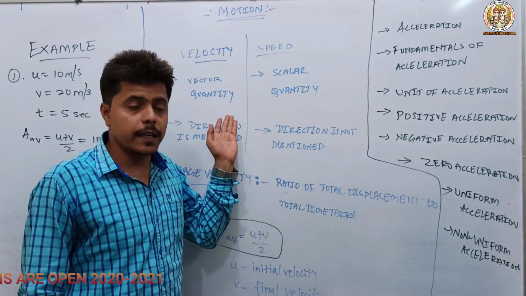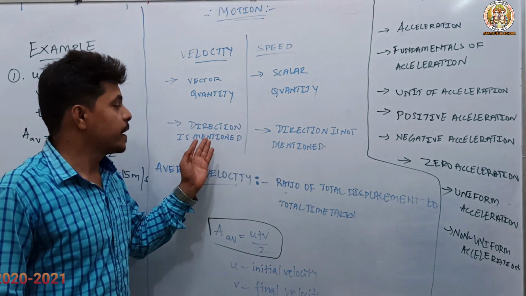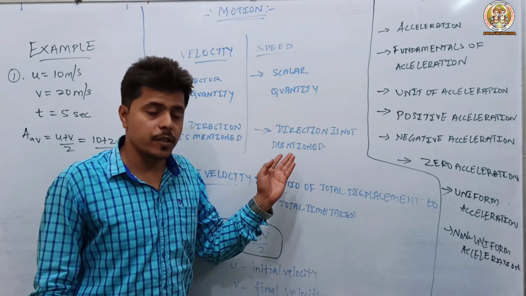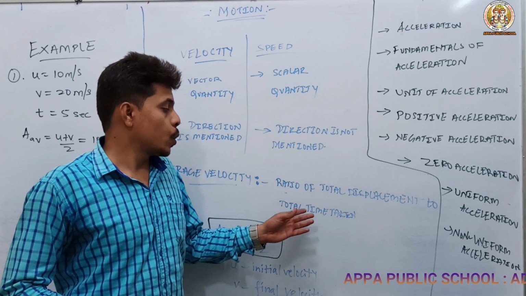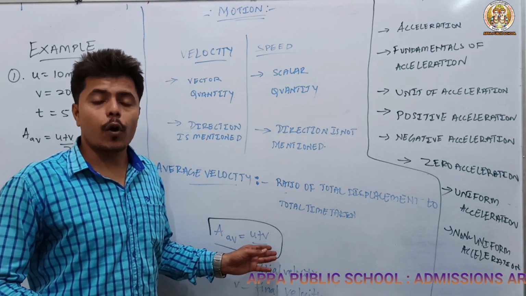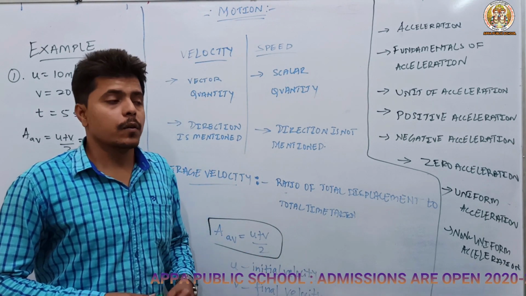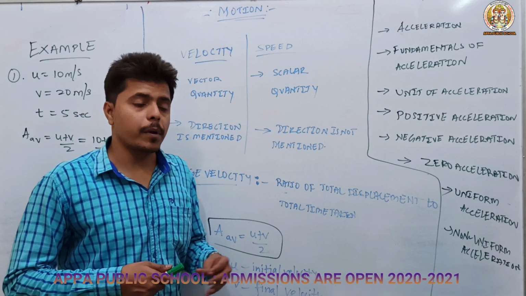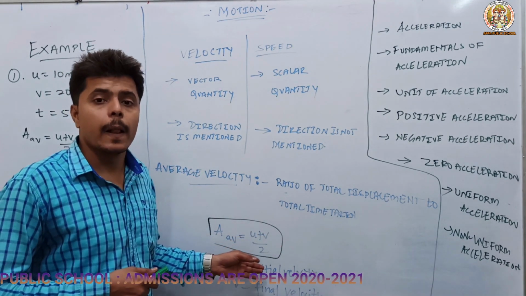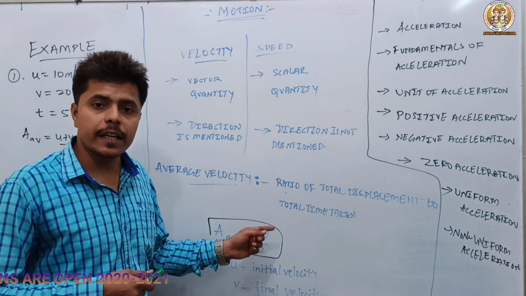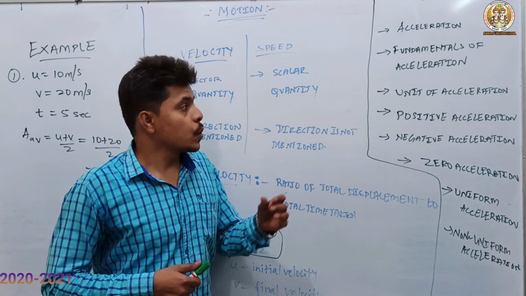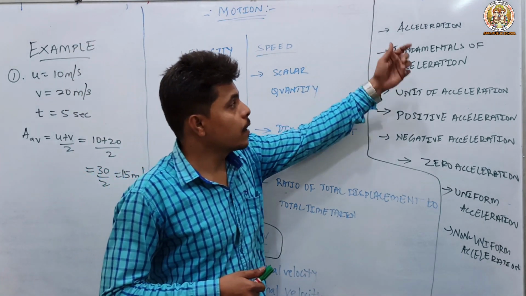Velocity is a vector quantity, speed is a scalar quantity. Direction is mentioned in velocity, direction is not mentioned in speed, and average velocity means the ratio of total displacement to the total time taken. Average velocity problems can be solved using this formula: average velocity is equal to (u plus v) by 2, where u is initial velocity, v is final velocity. Okay, so now we are going on to acceleration.